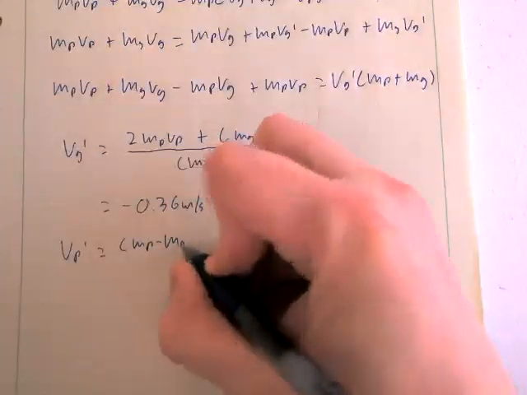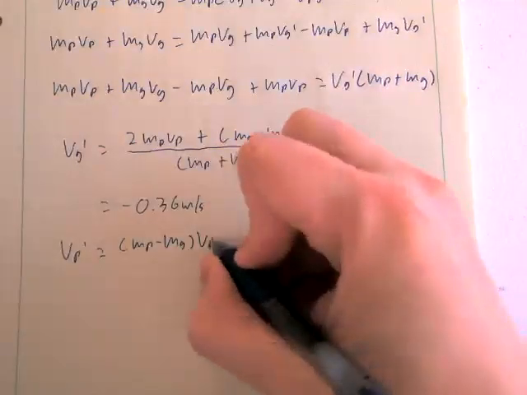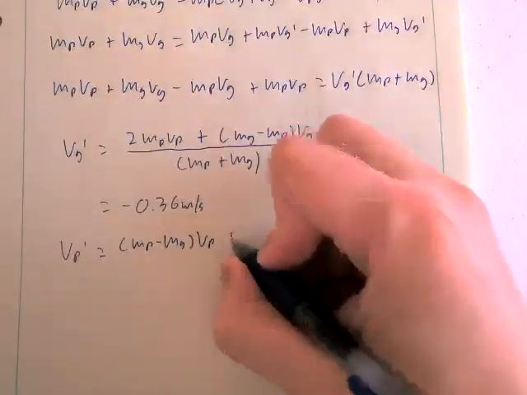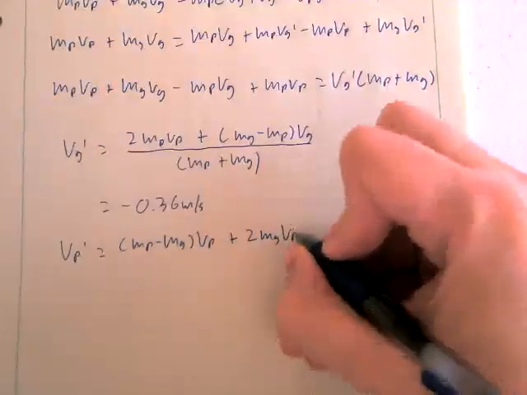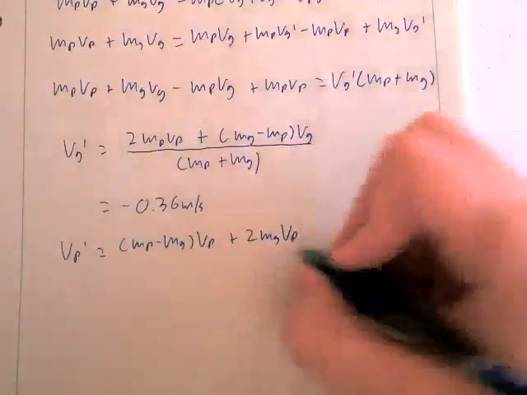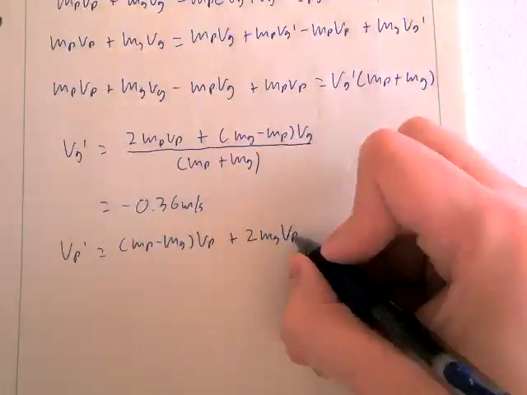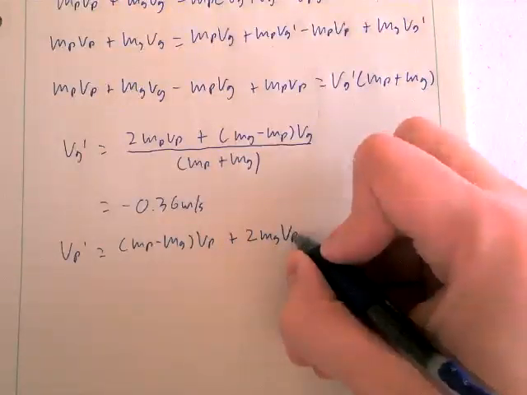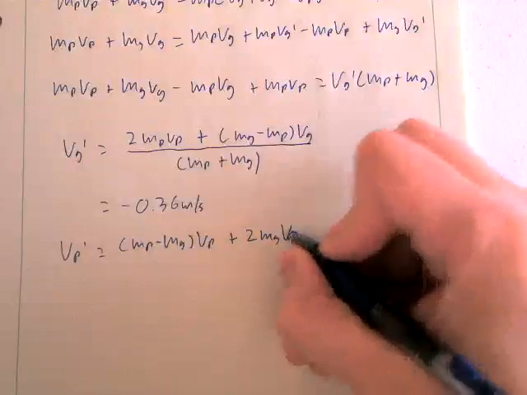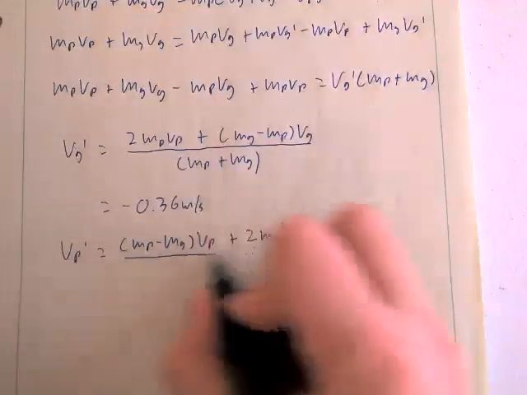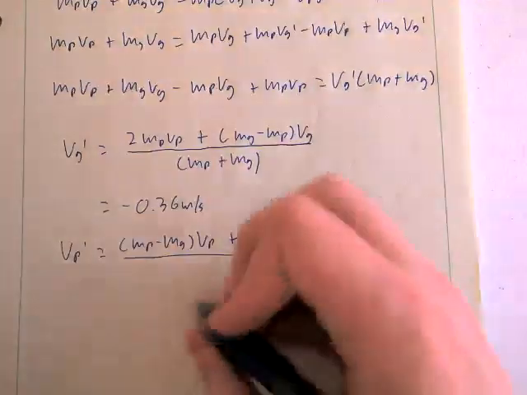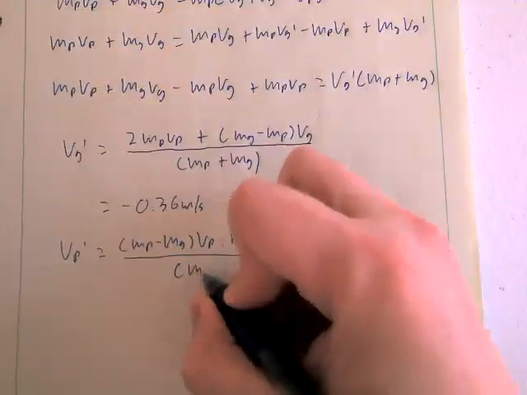P minus mgvp plus 2 mgvp. Whoops, no, this is 2 mgvg. This is a vg. This is the speed of the goalie beforehand, just so we're clear. Not a p, this is a g. So then we again though divide by the total mass.